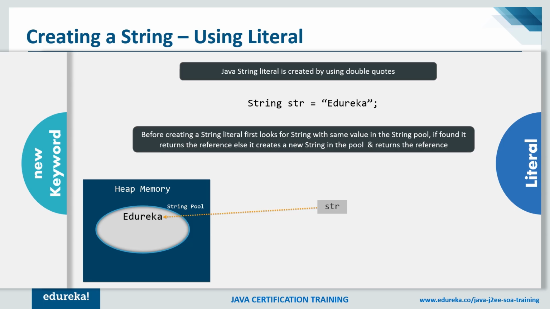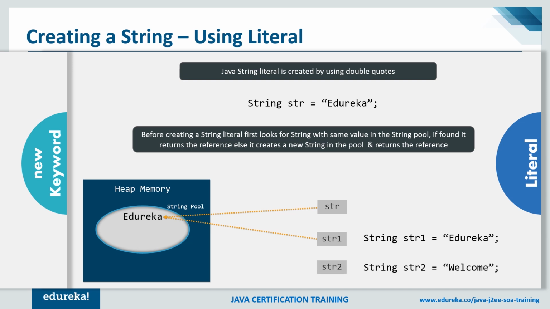For instance, if I write string str1 is Edureka, str1 will also point to the same string. So literals are created once, they are not recreated. In the same way, when I say string str2 is welcome, welcome is not there in the string pool, so a new literal welcome will be created to which str2 will point.